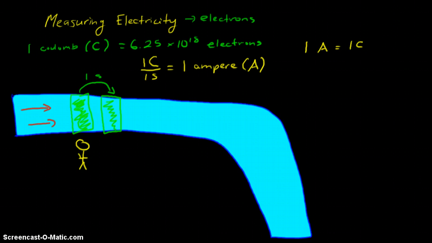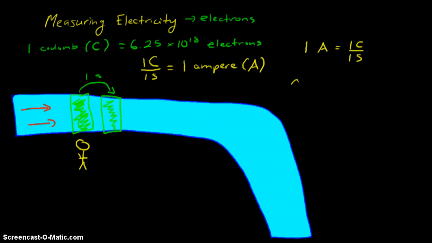So 1 coulomb in 1 second. So measuring current is measuring, if you measure the current of water, you're talking about how much water is moving by every second. If you're measuring the current in electricity, you're talking about how many electrons are moving by every second.